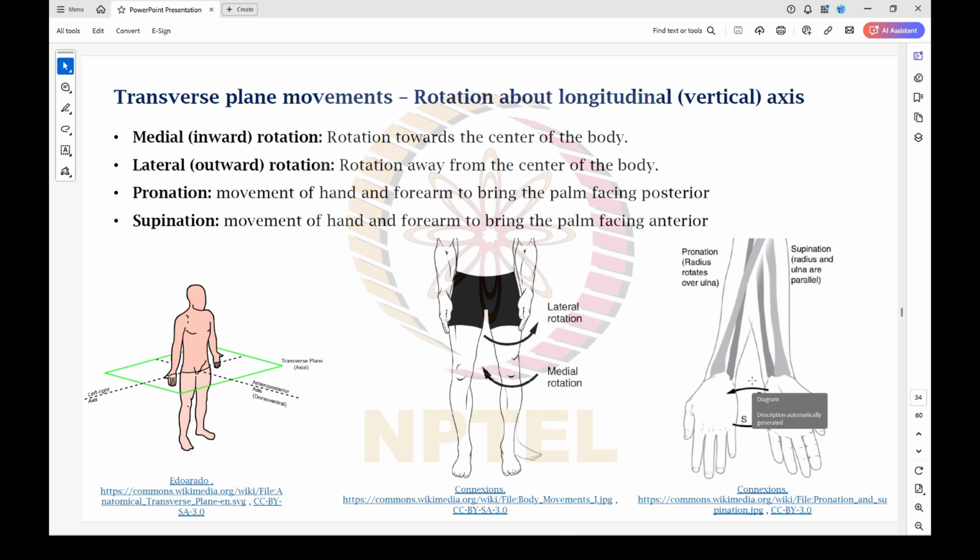Supination refers to when the radius and ulna are parallel, or the movement is such that the palm is facing the anterior, the front of the body.